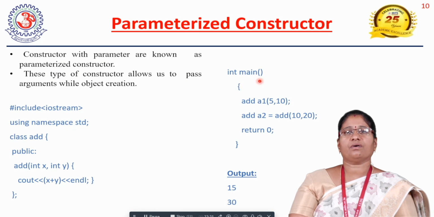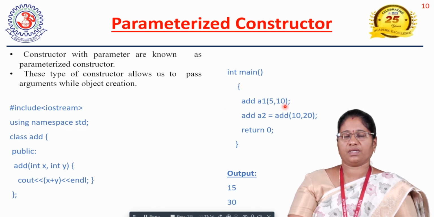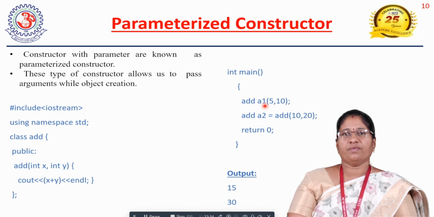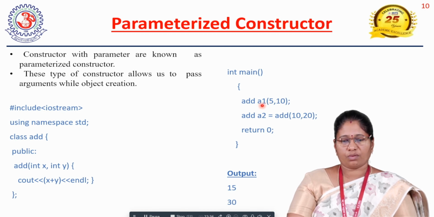How are we going to invoke this add method in the main function? First I have to create the object. The first object is called a1. So what is a parameterized constructor?